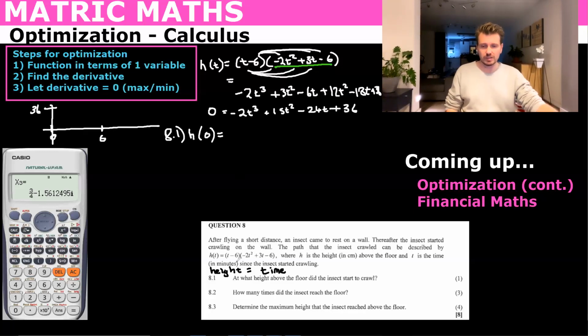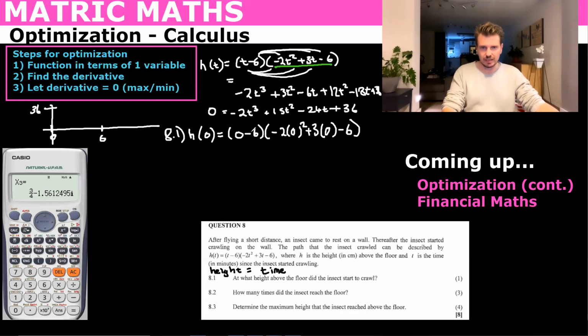And I could put this function in here, the t minus 6, and I'm going to do that because I wouldn't have actually necessarily multiplied the function out. So I would say 0 minus 6 times negative, and it would be 2 times 0 squared plus 3 times 0 minus 6.